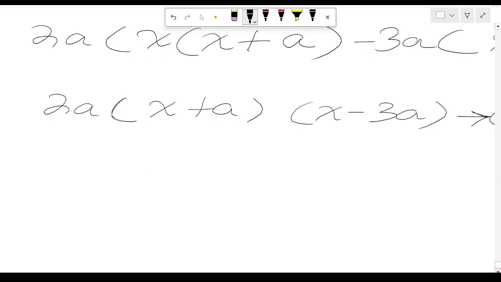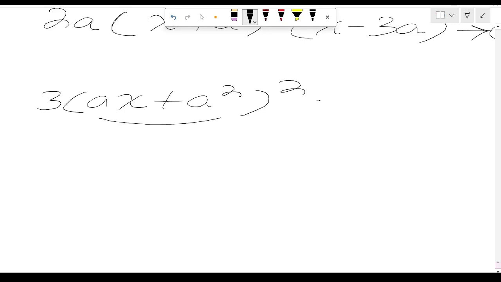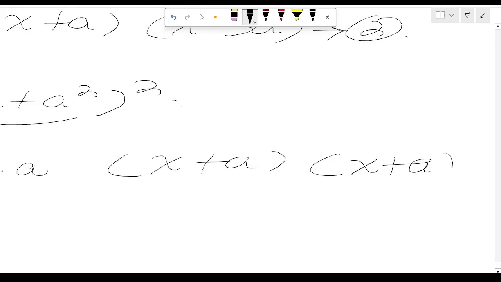Okay, now we need to find the last factor. So we have written after the comma 3 bracket ax plus a square whole square. So how will we simplify this? Firstly we have ax plus a square whole square, so we can write this as 3a into a, then x plus a into x plus a.